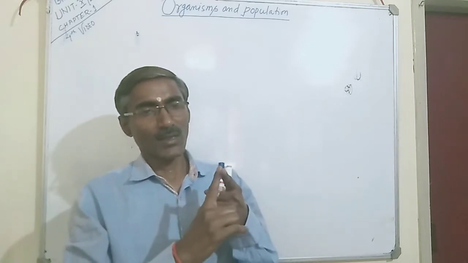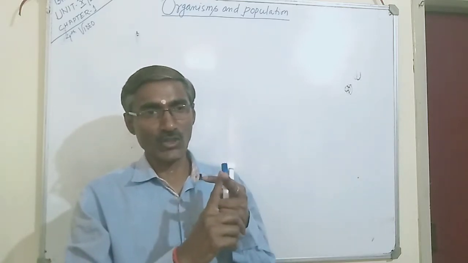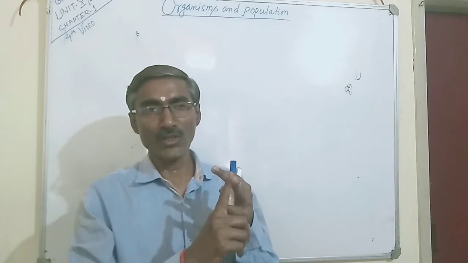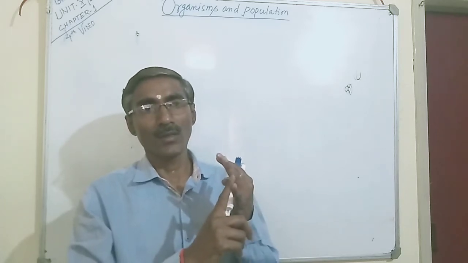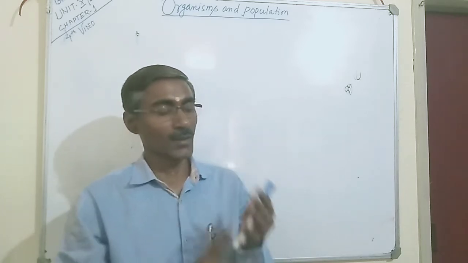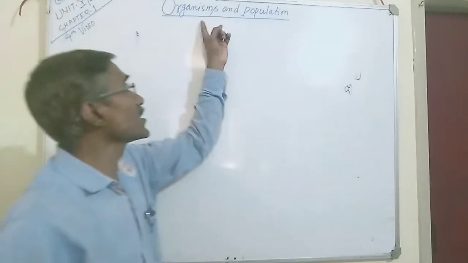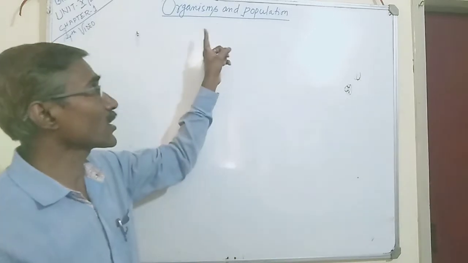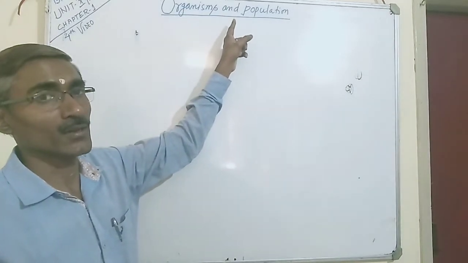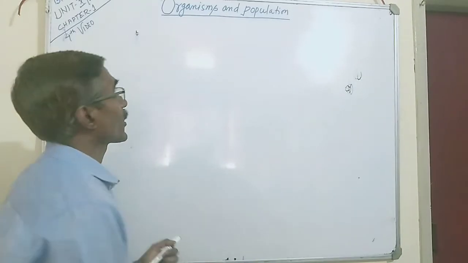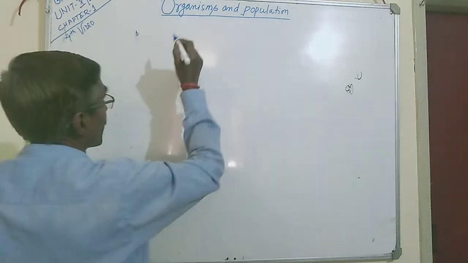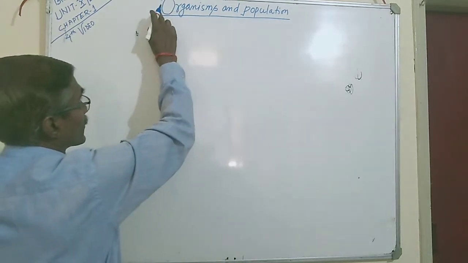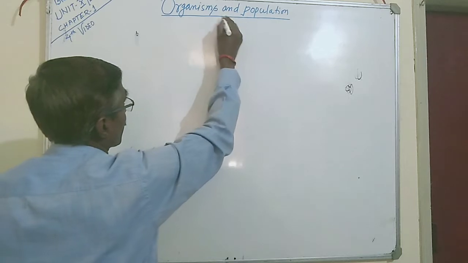Level number 1, organisms level; number 2, population level; number 3, communities level; number 4, the biomes level. Now, organisms and populations is the first chapter, and it is the first organizational level in ecology. So, in biological organization, whenever you start to talk about environmental science, the first level is organisms and population.